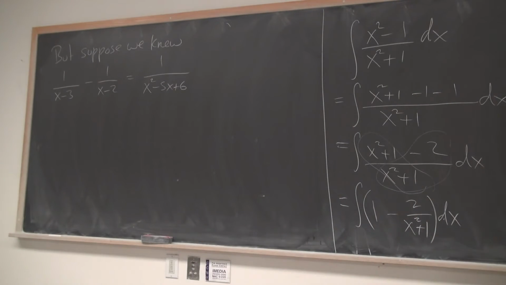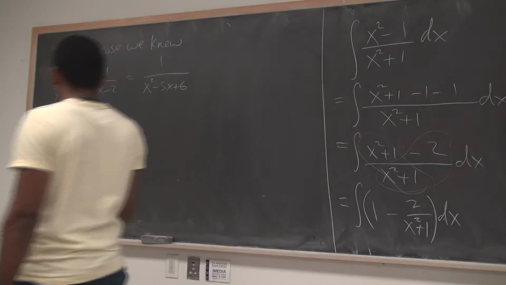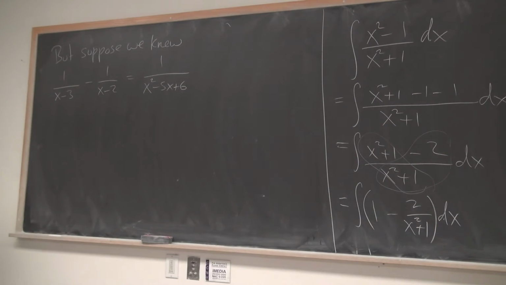Is that? Yes. Right? That's actually true. You can check it if you want. I'll actually show you how to figure that out in this section. But suppose you did know that. Pretend you did know. Now how would you do this integral?